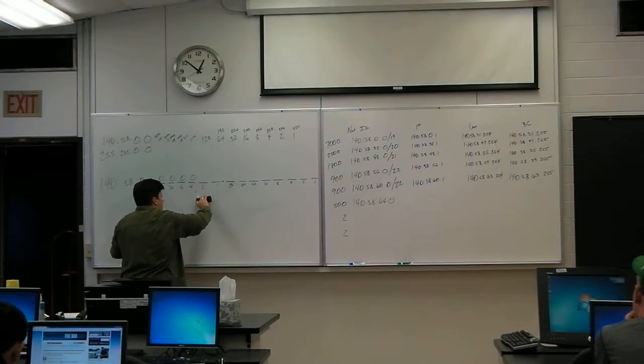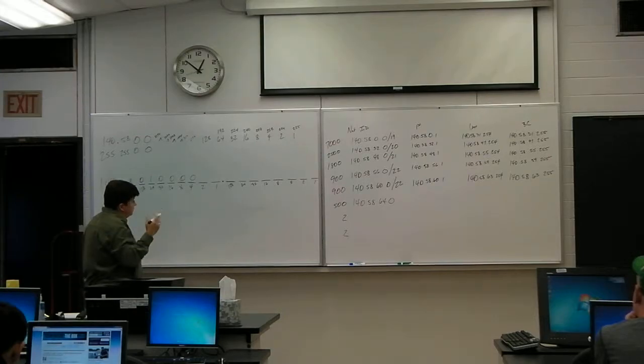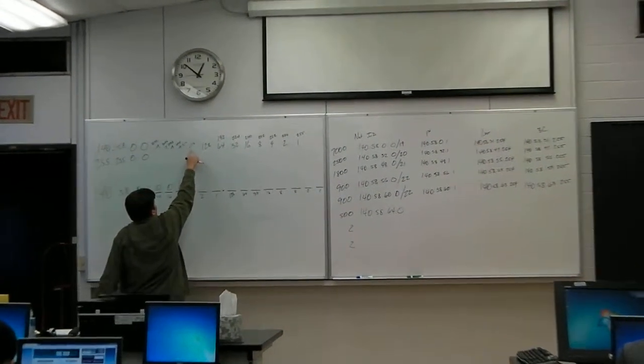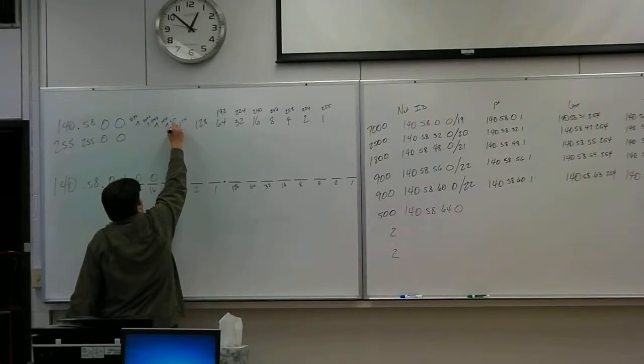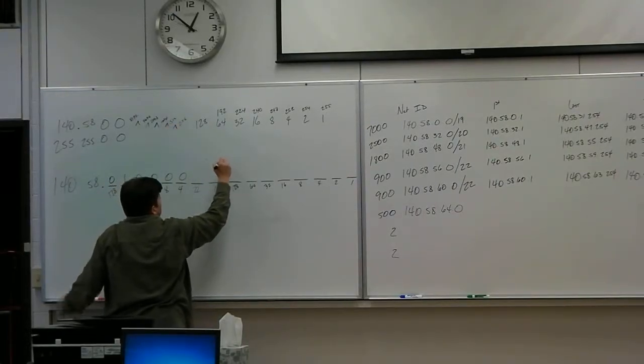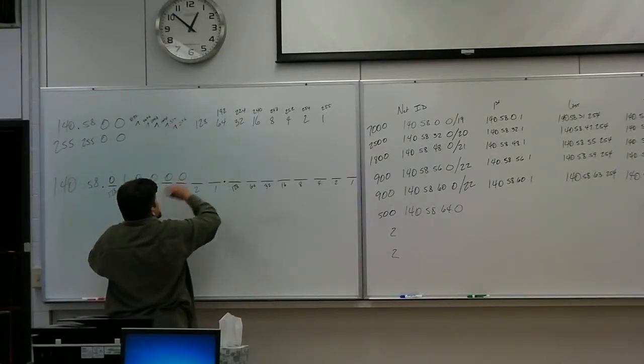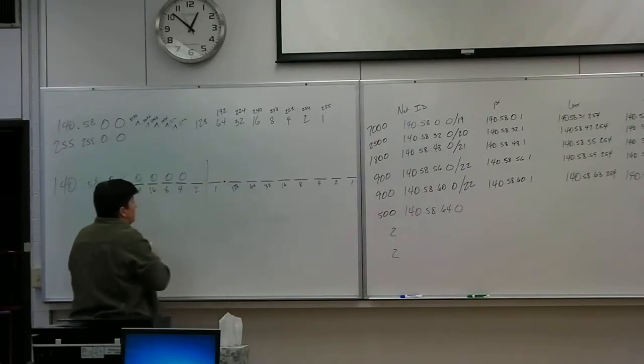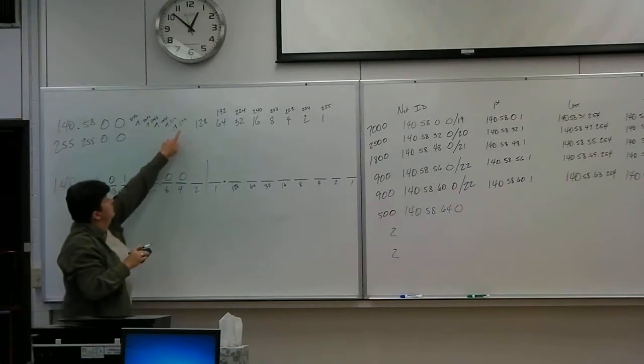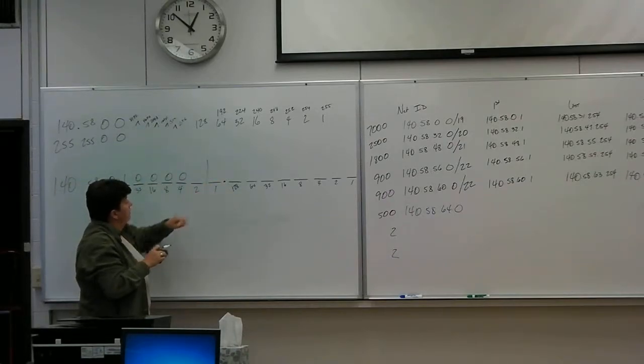We'll get rid of our line. And 500 falls between 256 and 512. There. Right? 8, 9 bits.